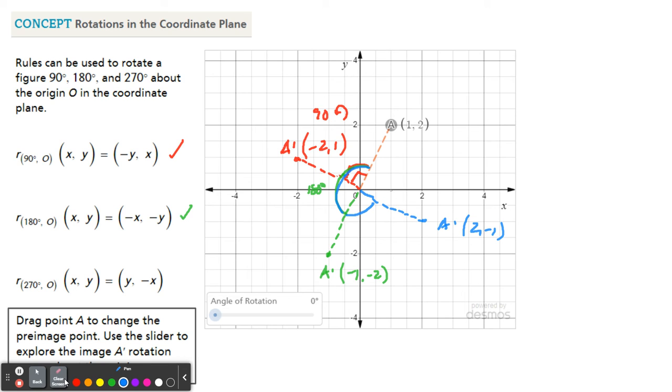When I go 270 degrees, the y comes first, and the x goes second and turns opposite to match that. Instead of going 270 counterclockwise, if you see the angle formed between A and A prime, this is also 90 degrees clockwise. So 270 counterclockwise is the same as 90 clockwise. Keep that in mind as we go through this.